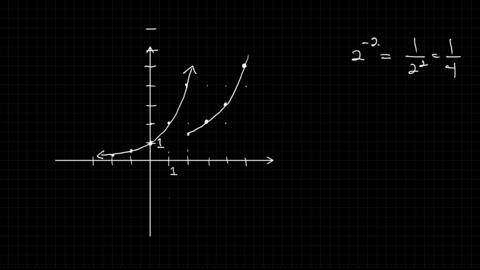I think I need this last point here, (-2, 1/4), 1, 2, 3, up by 1, and this would be the sketch of my graph. Let's go ahead and erase some scratch marks here.